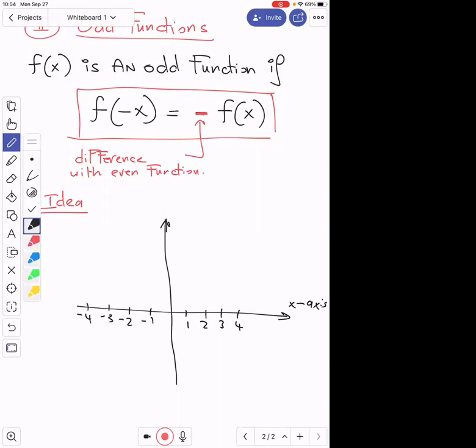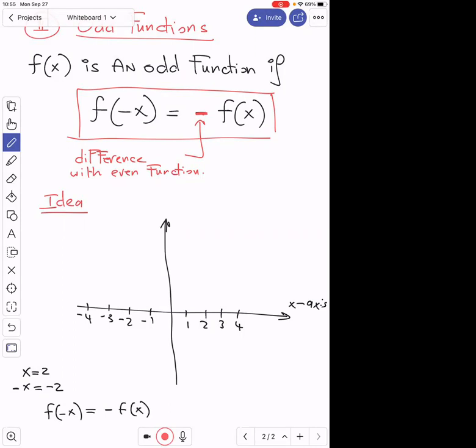Now, for example, let's say x is 2. The opposite of x, minus x, would be -2. And what we are saying by this definition of odd functions is that f of minus x is actually the opposite of f of x.